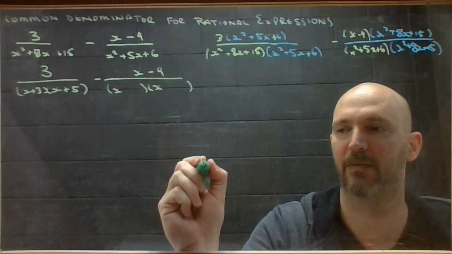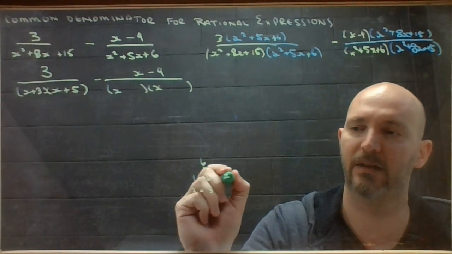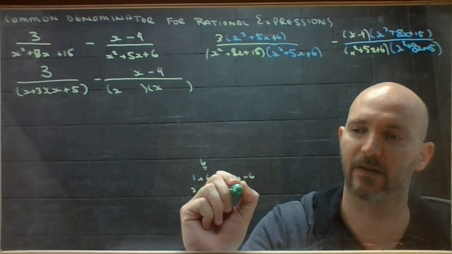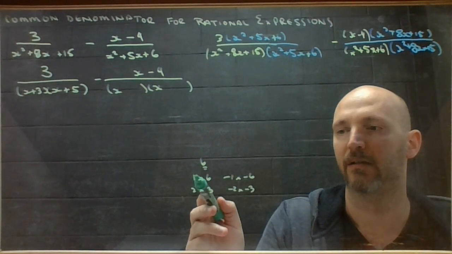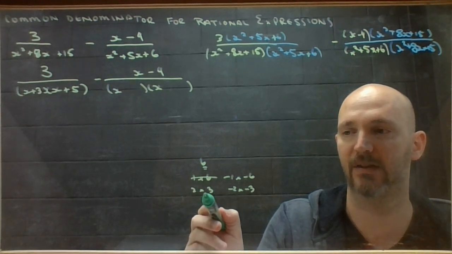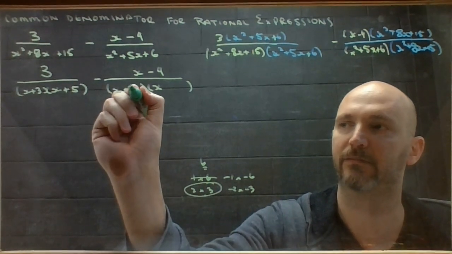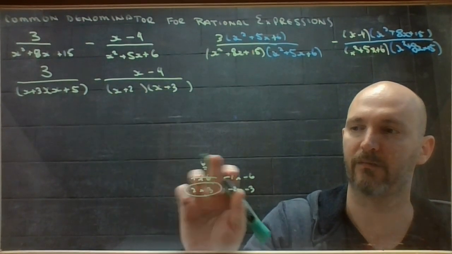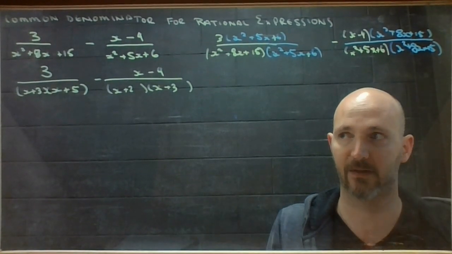So things that multiply to 6 would be 1 and 6, 2 and 3, negative 1 and negative 6, negative 2 and negative 3. These two things add to 7, so they're no good. These two things add to 5, that's the pair I want.